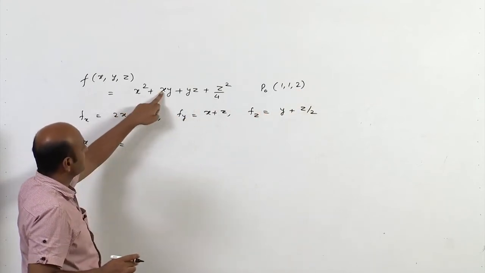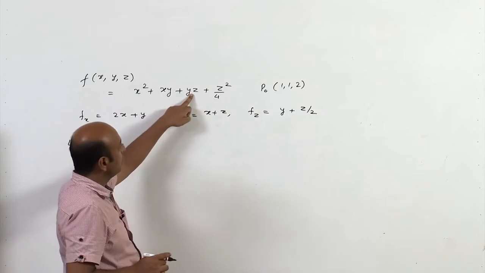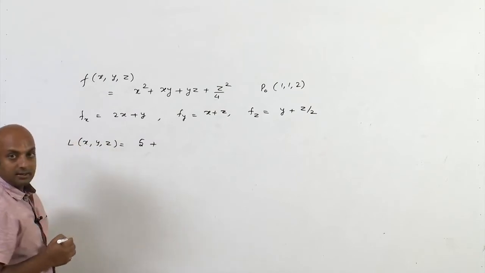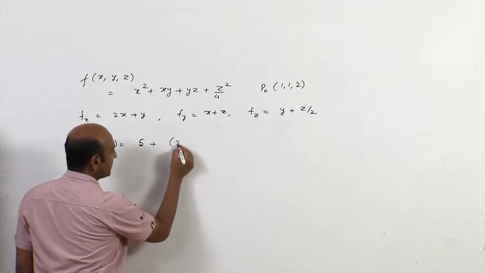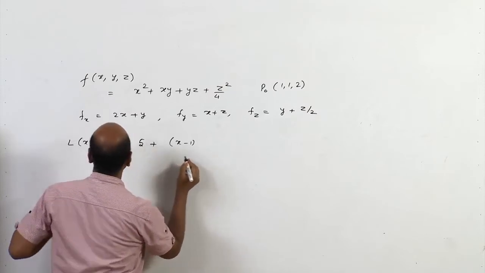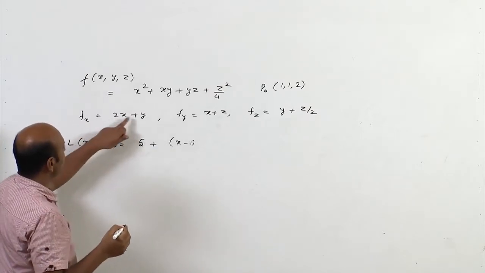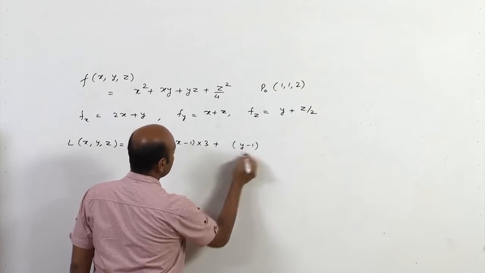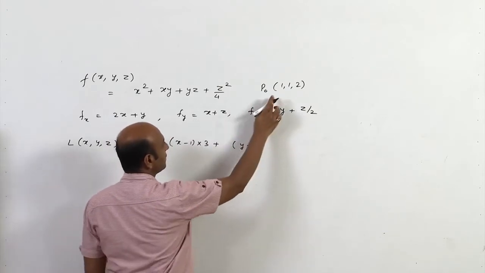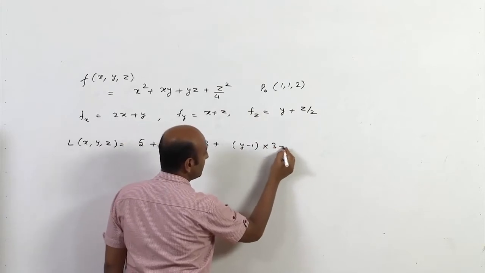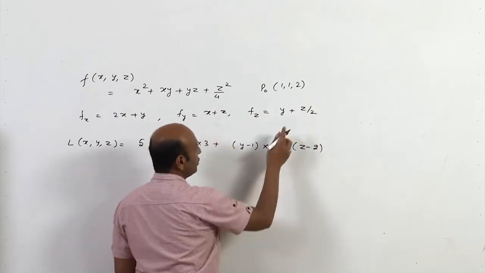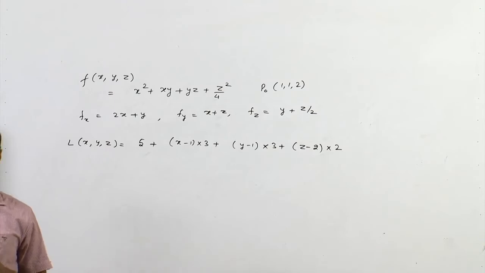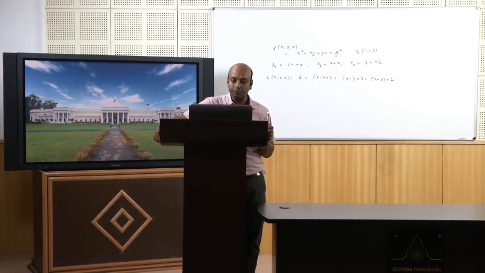This is 1 plus 1 is 2, 2 plus 2 is 4, 4 plus 1 is 5, plus x minus x₀, that is x minus 1 into f_x at P₀. So, f_x at P₀ is 2 plus 1, that is 3, plus (y − y₀) and f_y at P₀, this is 1 plus 2, that is 3, plus (z − z₀) into f_z, which is 2. So, you can solve this, which will be the linear approximation of this f at (1,1,2).